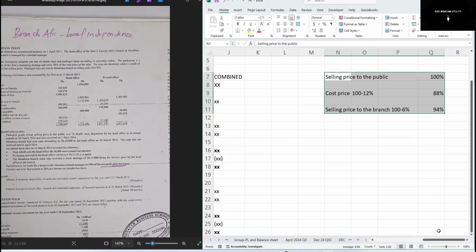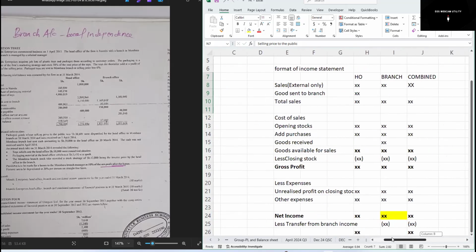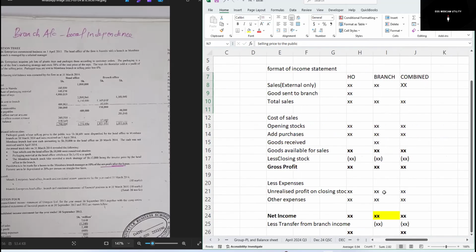So we continue. We have been given the income statement, not the balance sheet, but data: some data of the assets, liabilities, expenses, and the income.